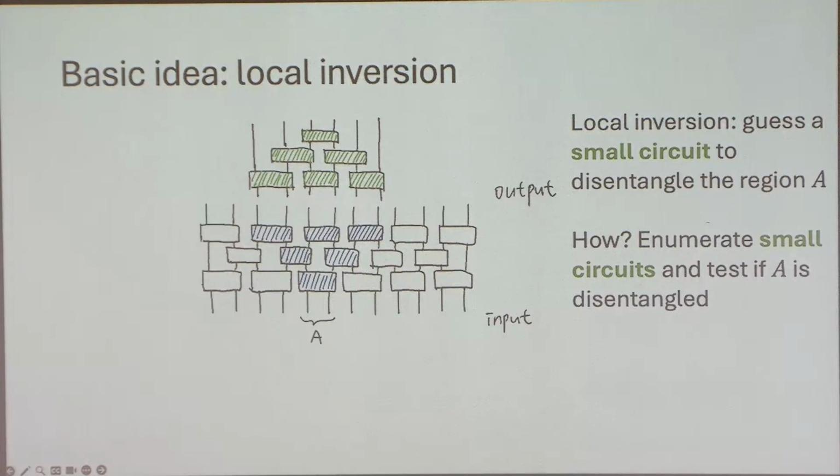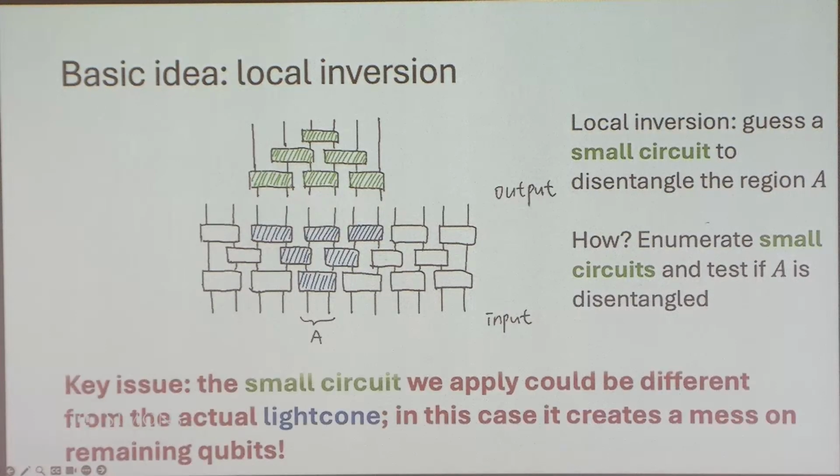But of course, there is an issue. The key issue is that the small circuit, the green circuit that we apply, could be different from the actual light cone, which is the blue. So even though we can disentangle the region A by applying the green circuit, what we applied is not necessarily actually canceling with all of the gates in the blue.